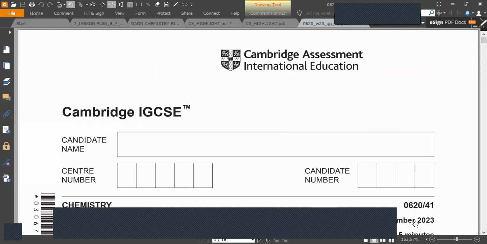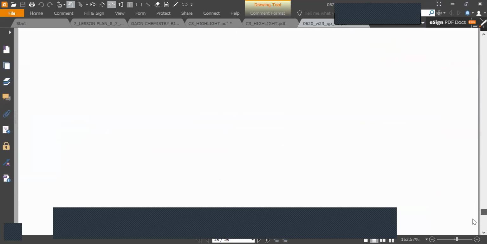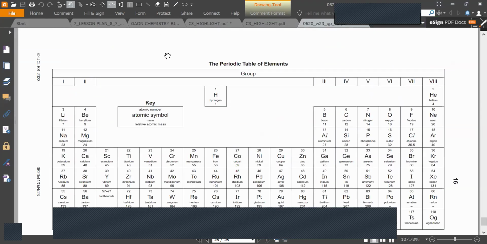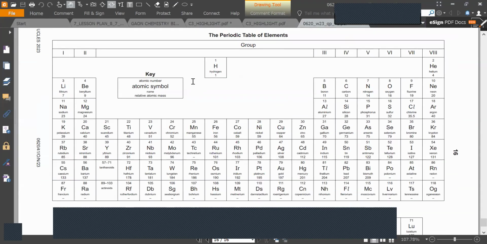In past exam papers, we will be provided with the periodic table. If we look at the periodic table, we have metals and non-metals.